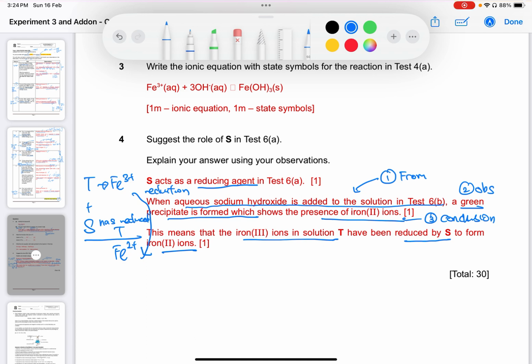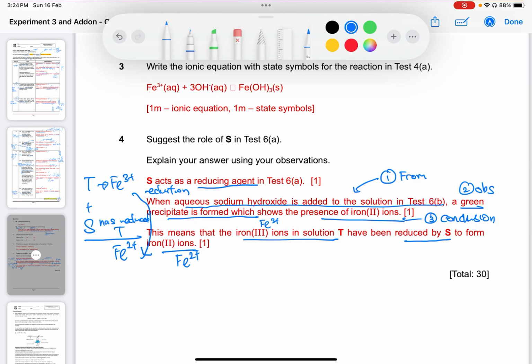So I repeat again, only after you know that the Fe2+ is formed can you finally conclude that the Fe3+ in solution T has been reduced by S to form the iron(II) ions, the Fe2+ ions. So just take note of this. So this is for practical 3.